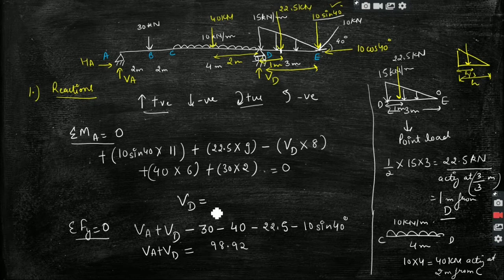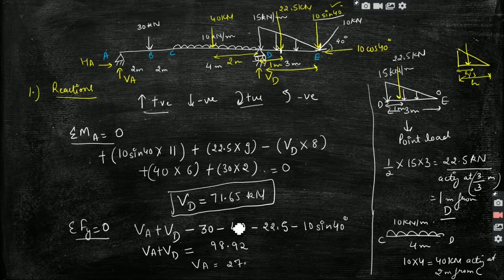So VD we had calculated by solving the above equation. Substituting it here, we get VA is equal to 27.28, 27.27 kilonewton.